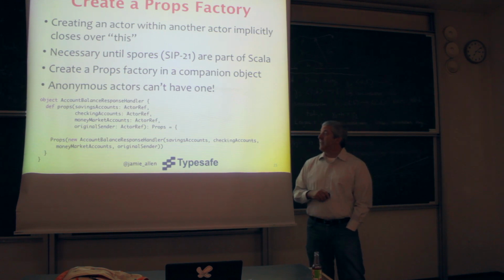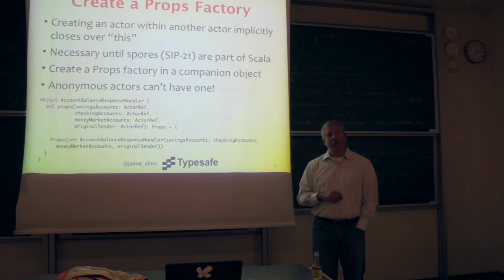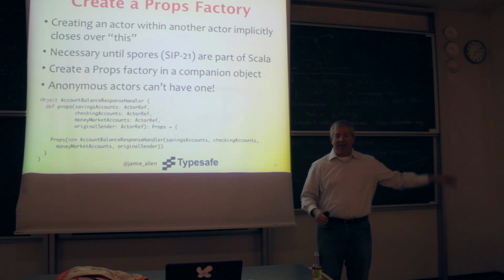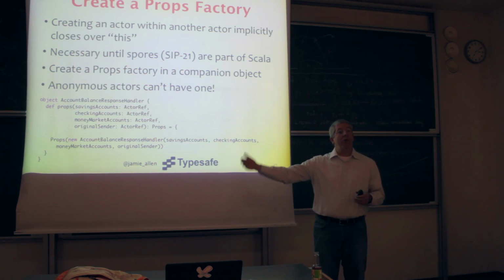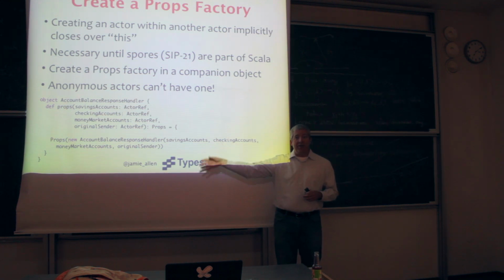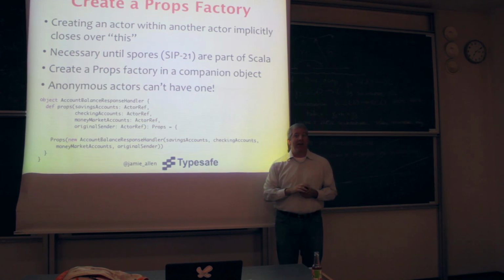So one thing that we have obliquely mentioned, very slightly, is this idea that you can close over stuff. When we were creating our anonymous actor inside of the actor body, we were closing over the sender. The sender was from outside of its context, right?